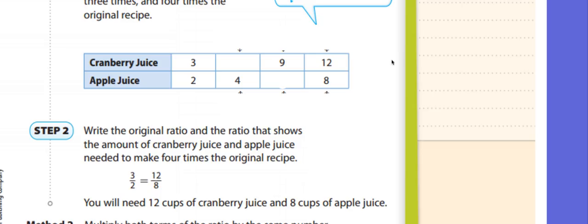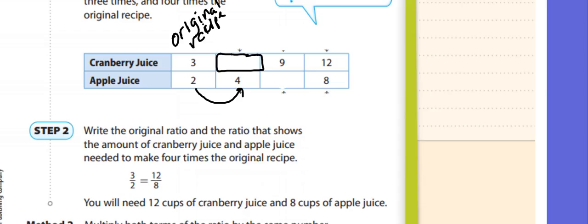So remember that we had an original recipe that was 3 cups of cranberry juice to 2 cups of apple juice. Original recipe. And here's what you have to notice. While the number of cranberry juice cups is missing, what's not missing is this really important piece of information right here, which was how would we get from 2 cups of apple juice to 4 cups of apple juice?